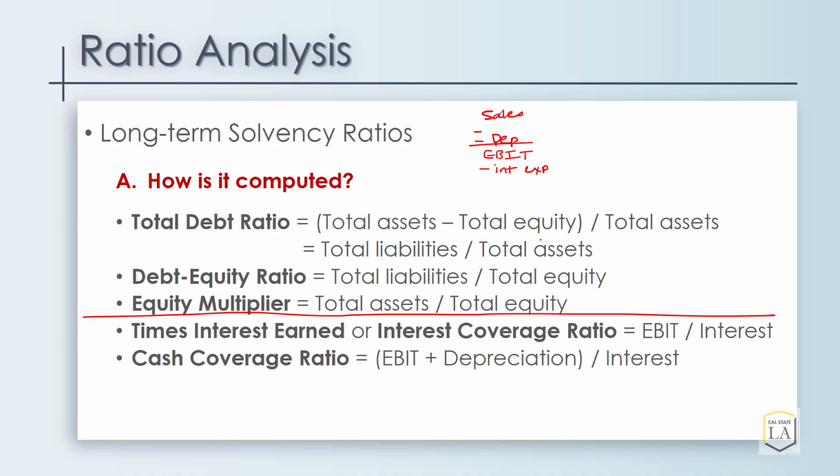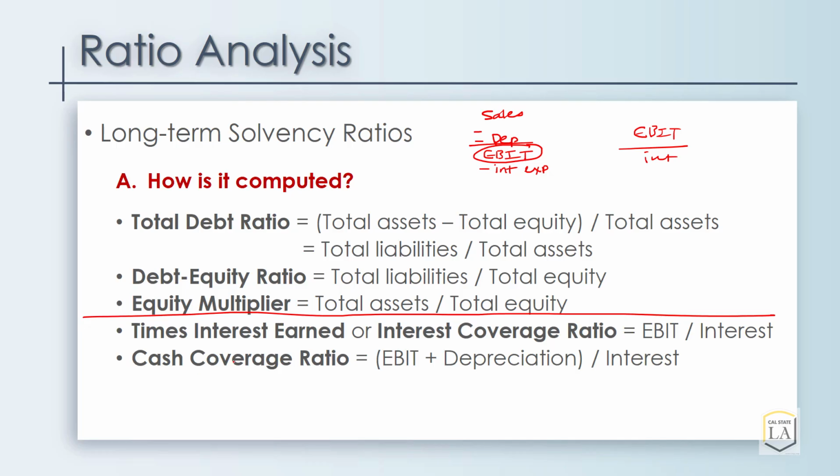So this is the order of interest expense. From this income statement, you are taking EBIT and interest expense. So EBIT would be your numerator, and then you divide it by the interest expense. That would be your interest coverage ratio or times interest earned.